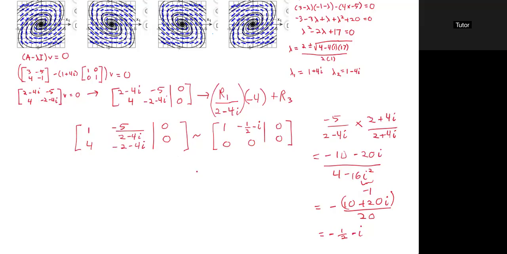But rewriting it in terms of our original matrix V, we can note that this means that 1, -1/2 minus i, 0, 0 times v1, v2 is equal to our matrix 0, 0. And thus now we can solve nicely for v1 and v2.